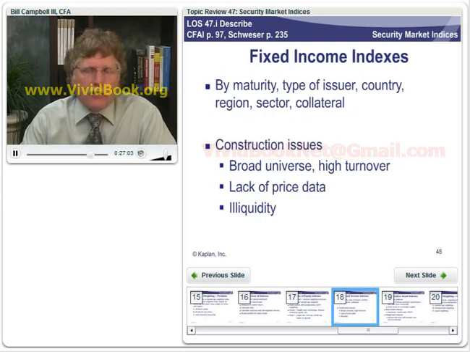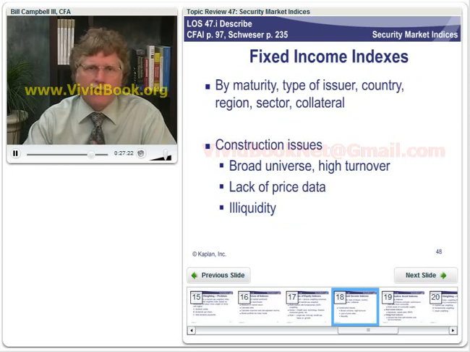You can also have indices for fixed income. The different kinds of indices can have different maturities. They can have different issuers. They can have issuers from different countries, different regions, different sectors, different kinds of collateral.